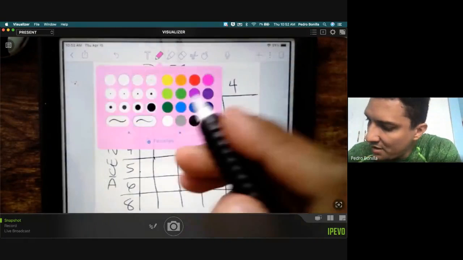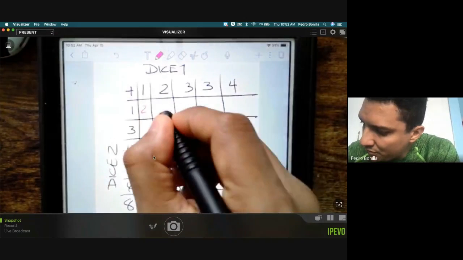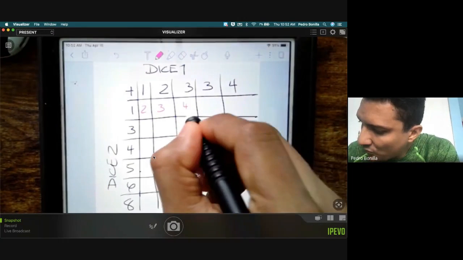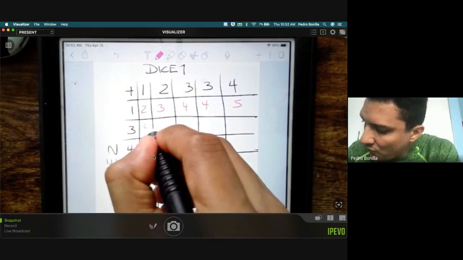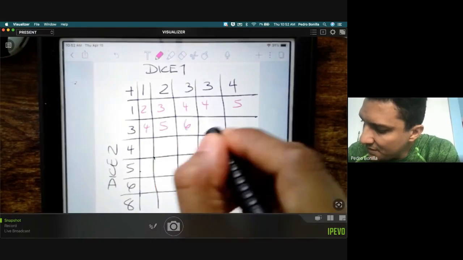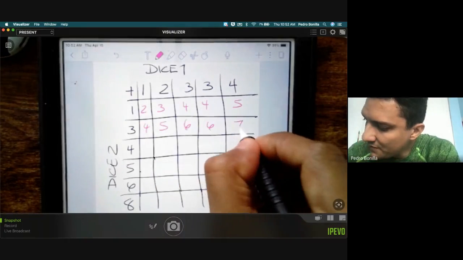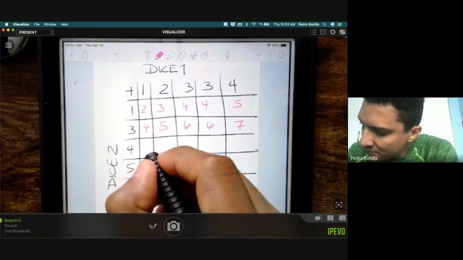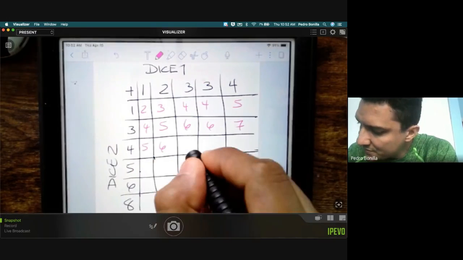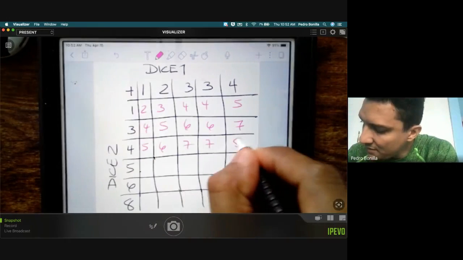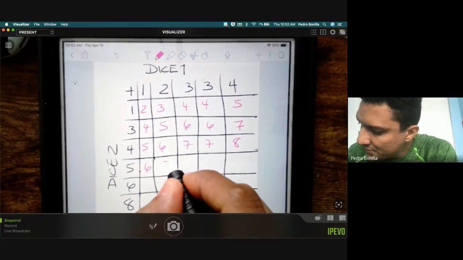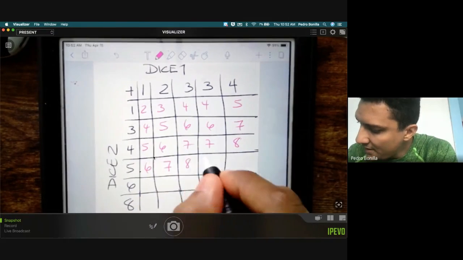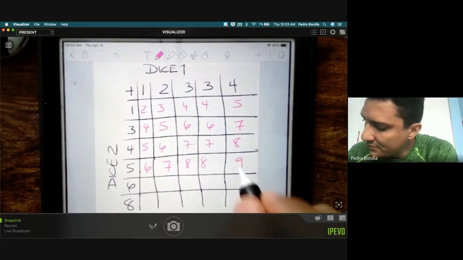So I'm going to generate the outcomes. So 2, 3, 4, 4, 5. Here is 4, 5, 6, 6, 7. Here is 5, 6, 7, 7, 8. Here is 6, 7, 8, 8, 9.